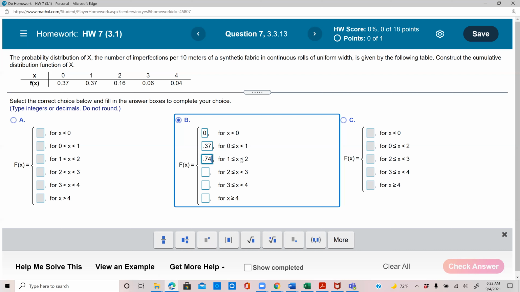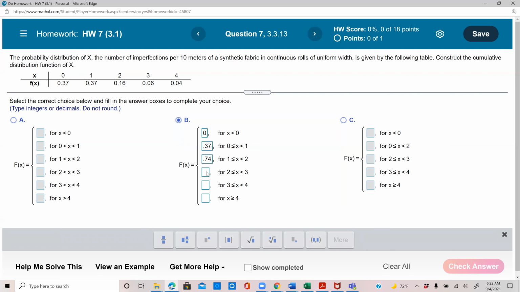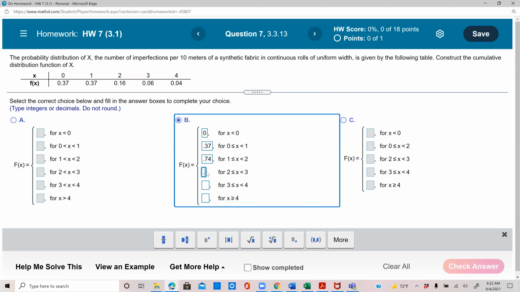And nothing else is picked until you reach 2, so this one is up to less than 2. Then at X equal to 2, you also pick up the 0.16. So you add on the 0.16 to the already accumulated probabilities. So 0.74 plus 0.16 would be 0.9.